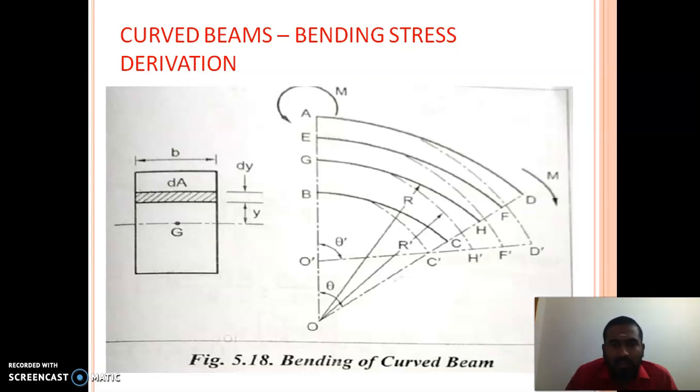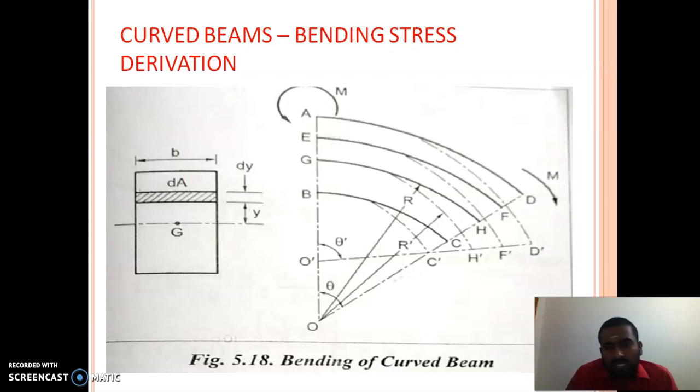So ABCD is the initial portion where GH is the centroidal axis, and EF is a layer at a distance y from the centroidal axis. Once you apply the moment, the beam bends. Since A, B is fixed, even after applying moment, that end will be the same.